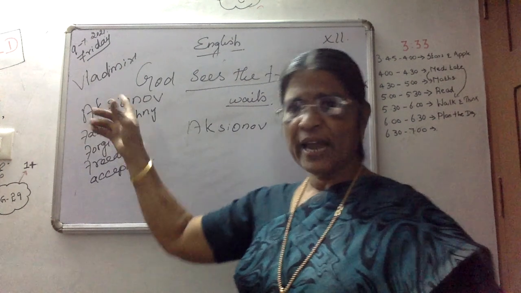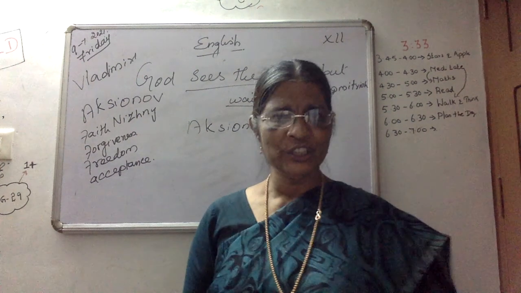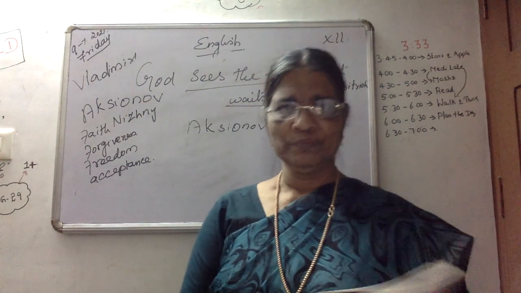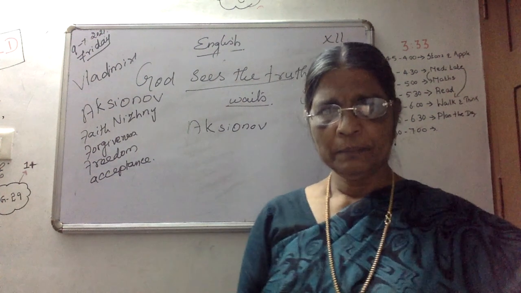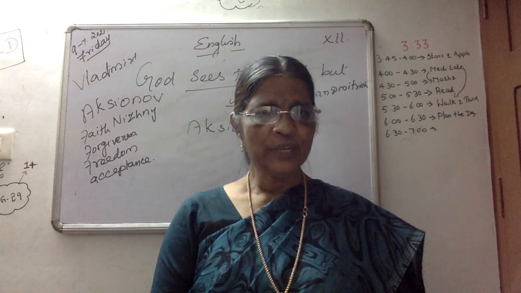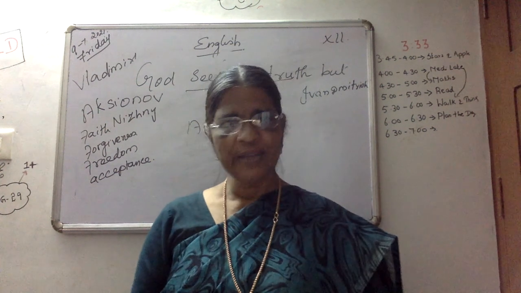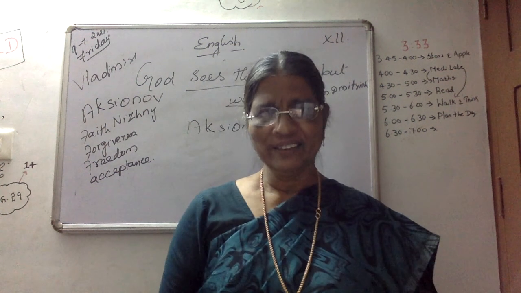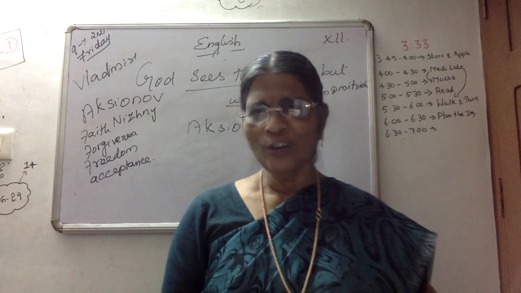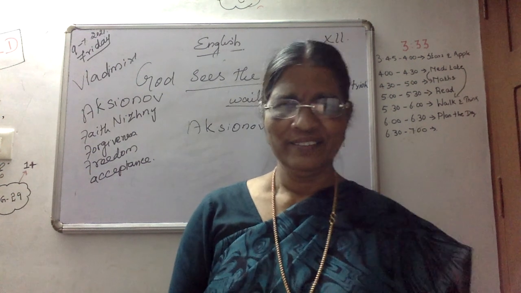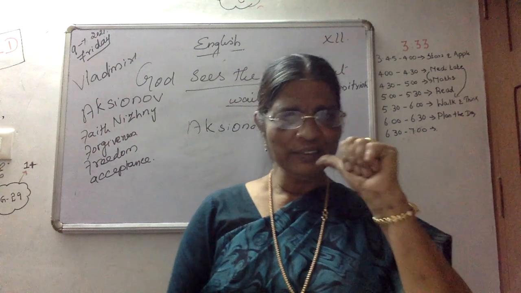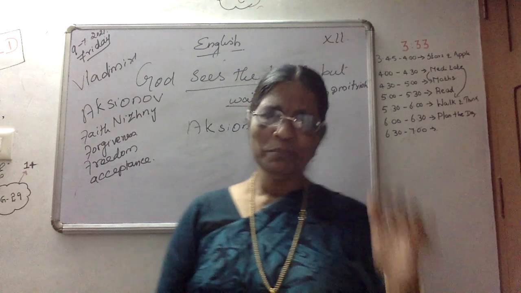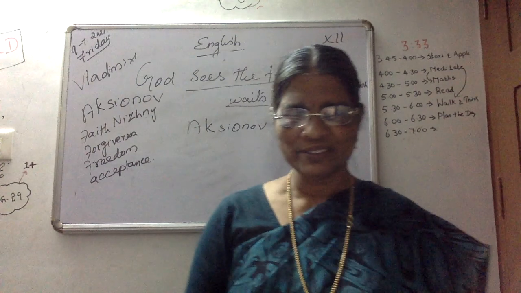So in this Vladimir, there lived a merchant by name Akshino. Akshino, right? It is the name of a merchant. So when he was a small young man, he was a little jolly, easygoing man, irresponsible maybe. Very often he used to drink a lot and he will be a nuisance to the neighbors.